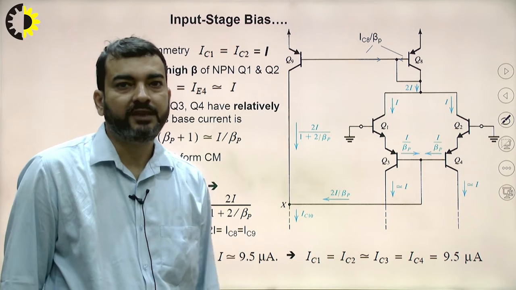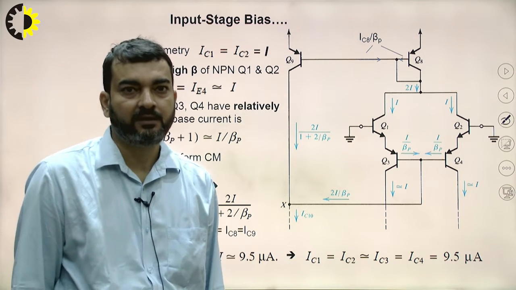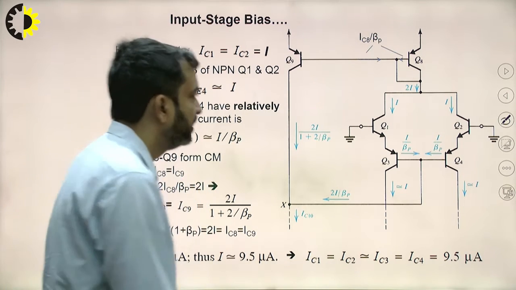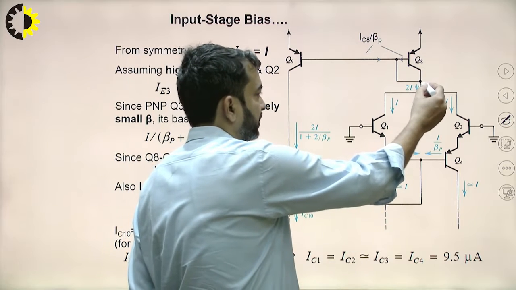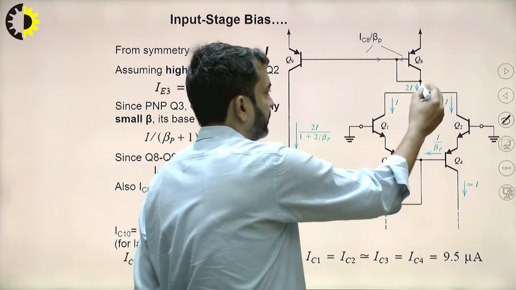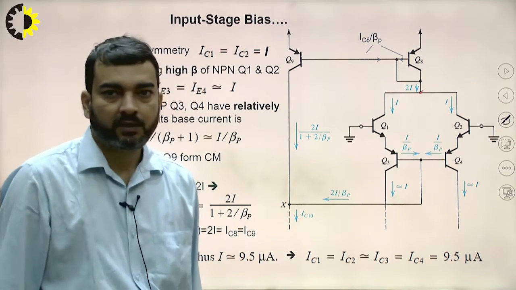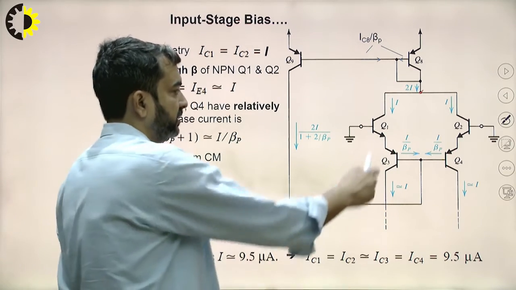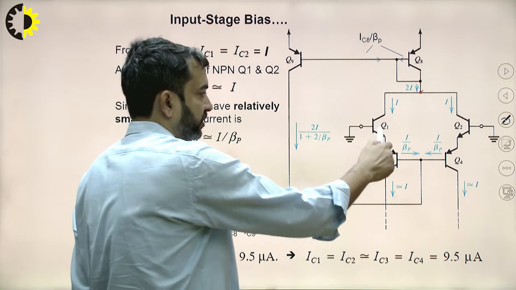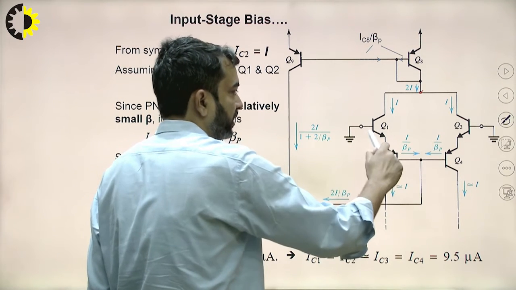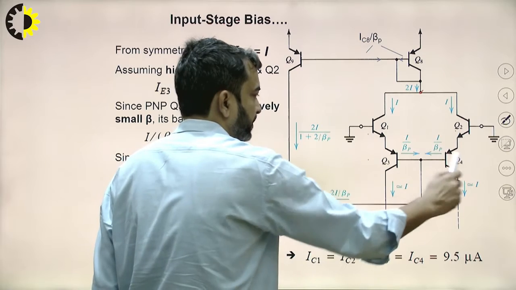Now coming to the input stage. Here, firstly, we have assumed that the total current in this branch is 2I. Now if we see this circuit, transistors Q1 and Q2 are NPN, and Q3 and Q4 are PNP transistors.